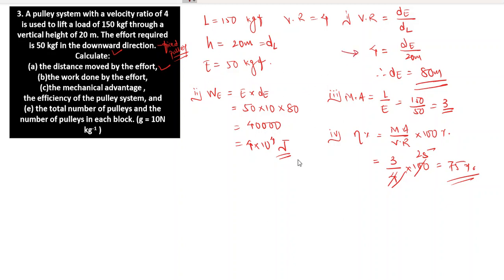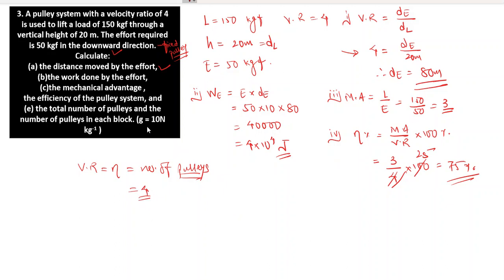If it is a block and tackle system, the velocity ratio is equal to n, which is equal to the number of pulleys, in both ideal and practical conditions. So the number of pulleys here is equal to 4.